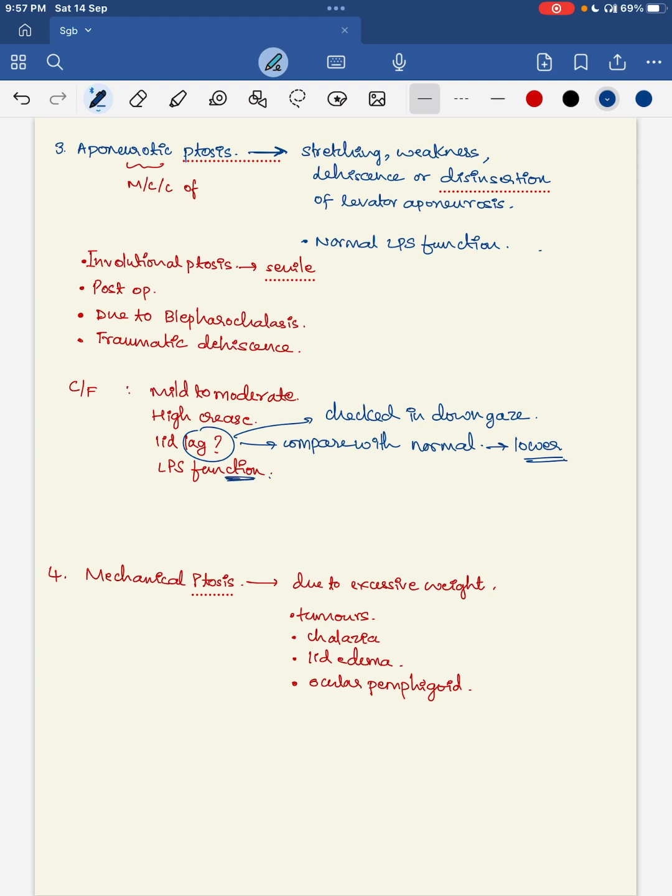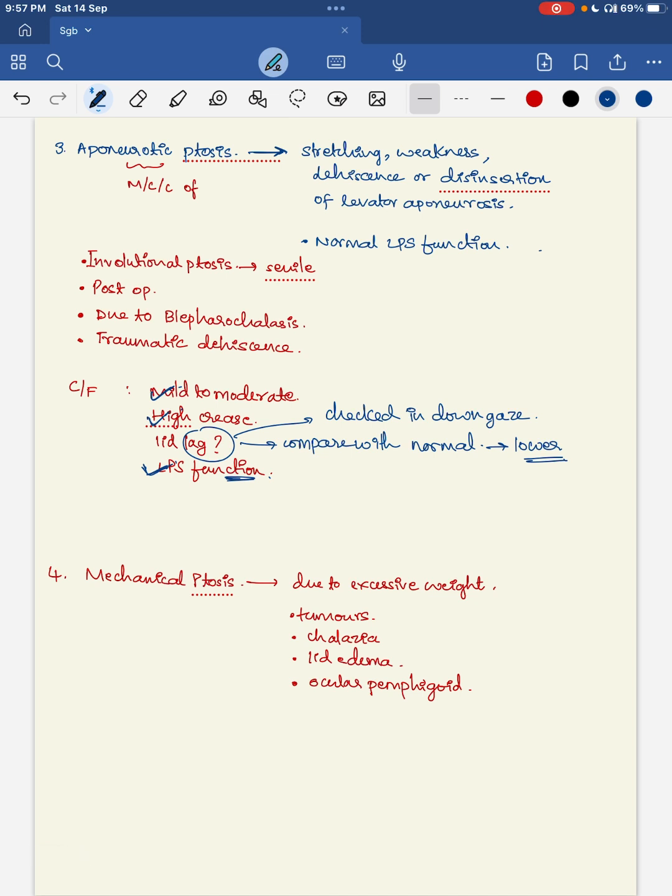LPS function is normal, we know it. Whereas congenital ptosis is due to maldevelopment of muscles and the areas surrounding it. So LPS function will be somewhere between mild and severe, poor LPS function. The ptosis in aponeurotic ptosis will be mild to moderate. In congenital ptosis, the ptosis can be very severe. The crease will be higher, whereas in congenital ptosis, it is absent or diminished.